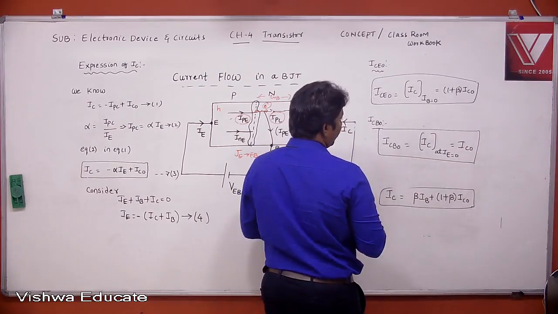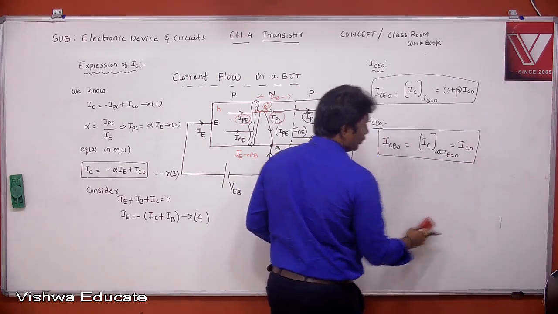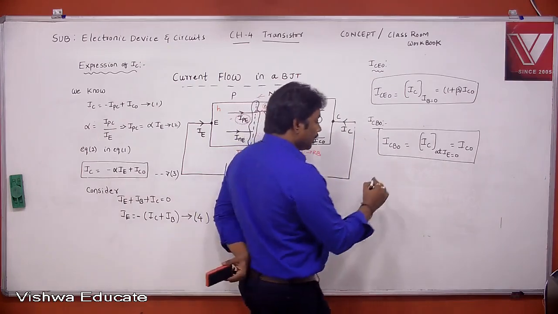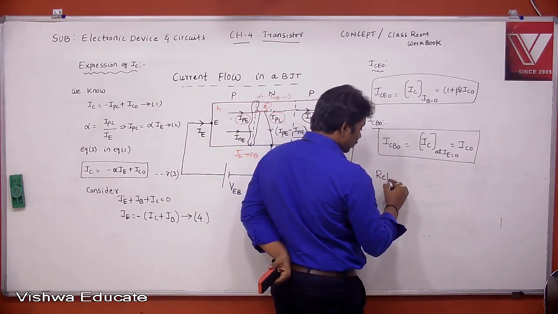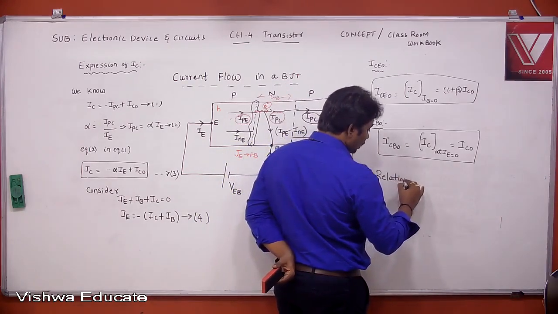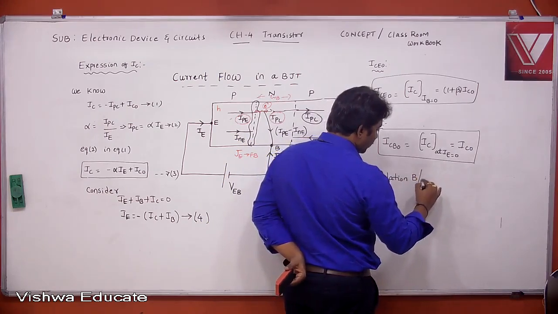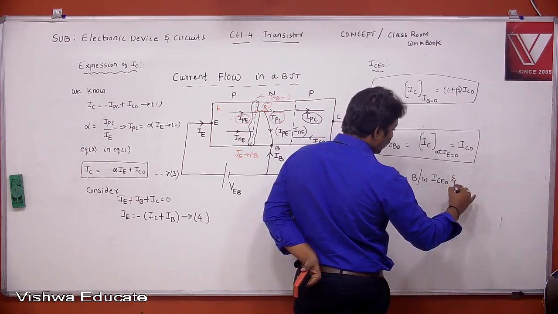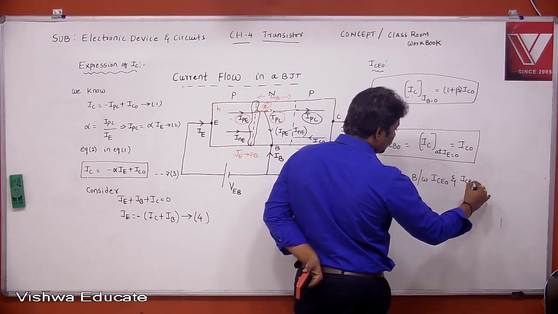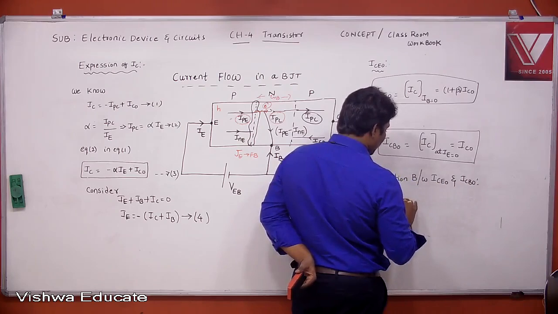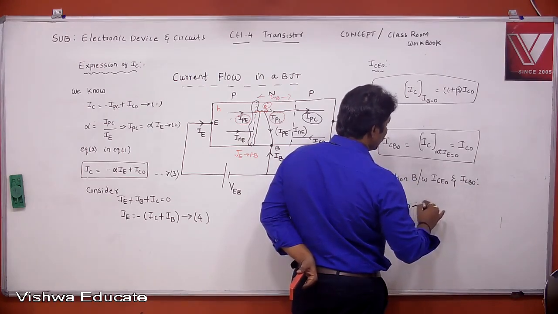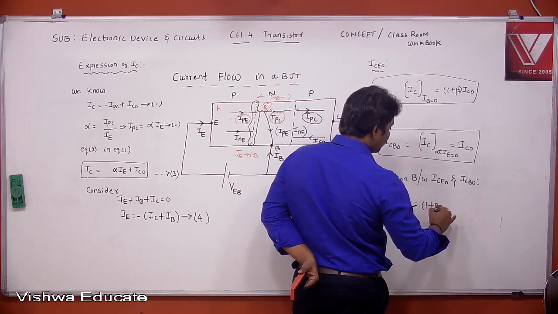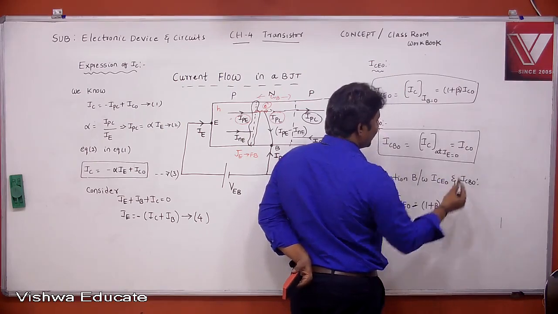ICBO. Right. Next topic, the relation between ICO and ICBO. What is the relation actually? ICO equal to 1 plus beta into IC naught. What is IC naught value actually?